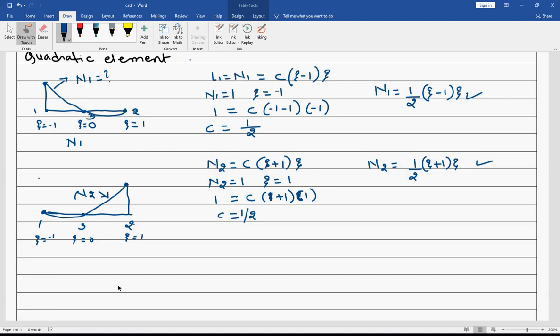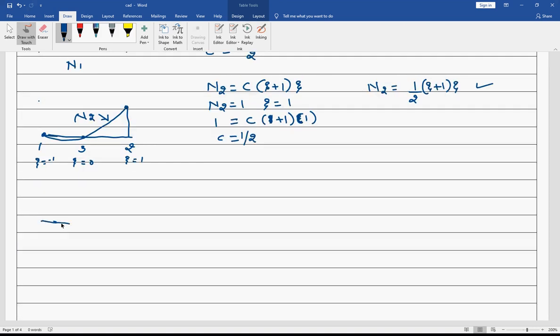Now for N3, see, curves are very important. If you know curves, you know many more things, because in mechanical engineering you will be solving either a differential equation, an integral equation, or a partial differential equation.